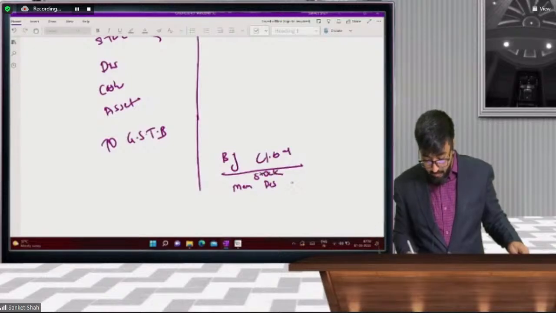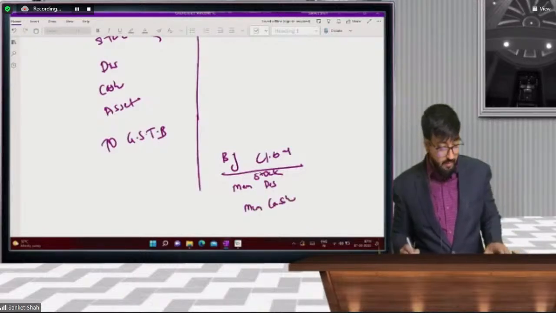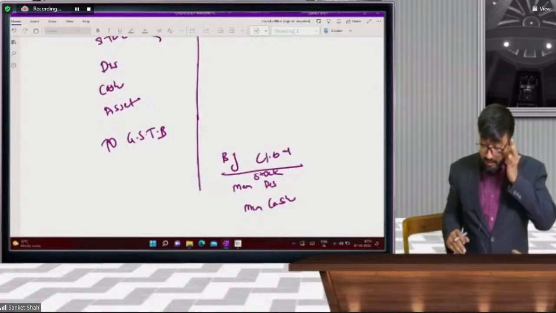We never open memorandum stock account. 90% we never open memorandum stock account. Memorandum debtors account is important, and memorandum petty cash is opened. So this is how we solve these questions.